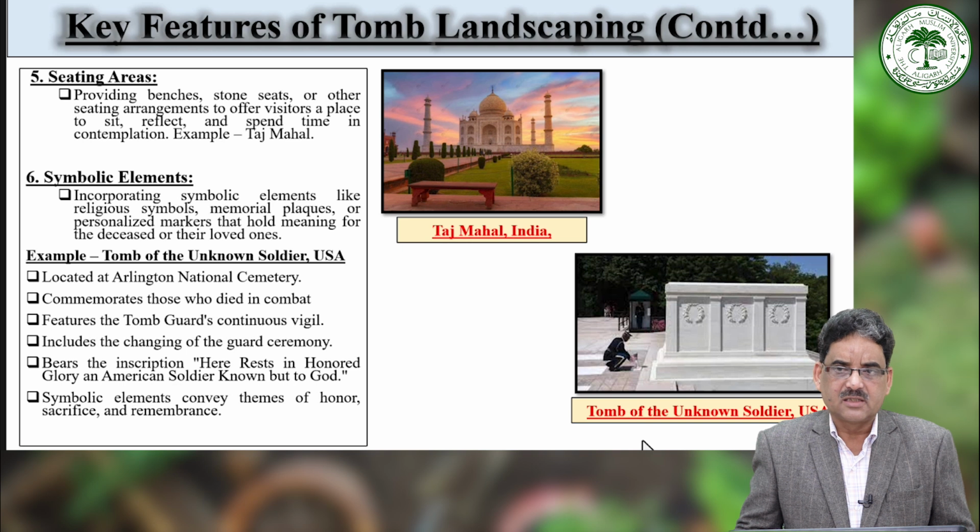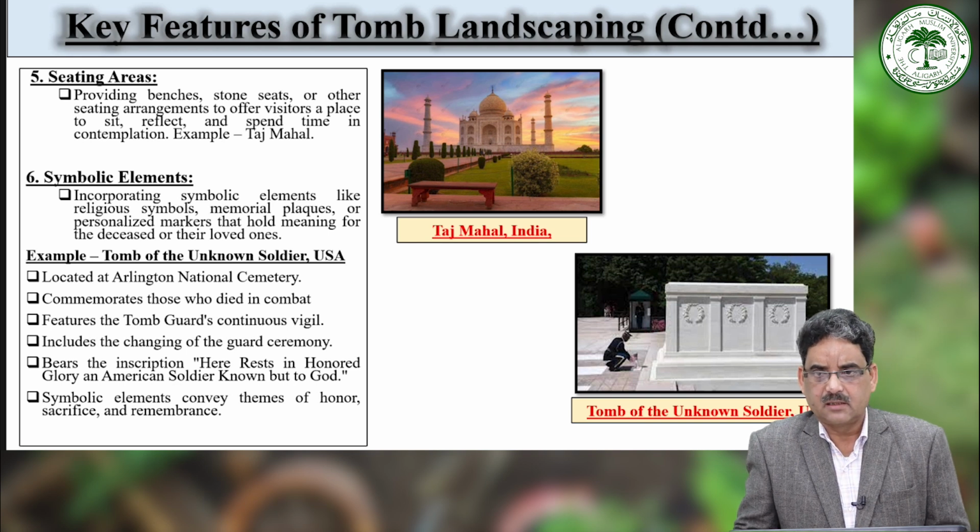This tomb honors unidentified American service members who have died in combat. The site includes symbolic elements such as the tomb guard's continuous vigil, the changing of the guard ceremony, and the inscription: Here rests in honored glory an American soldier known but to God.